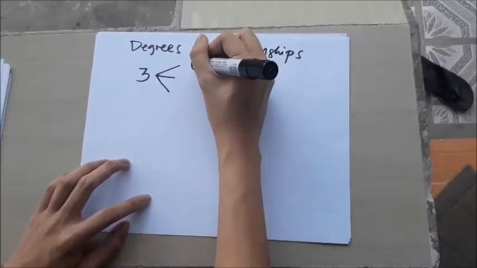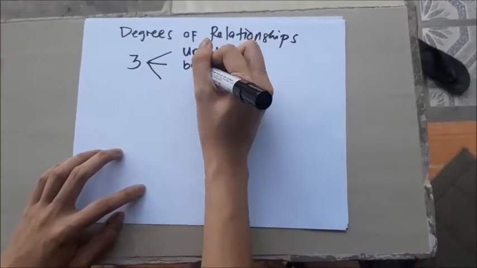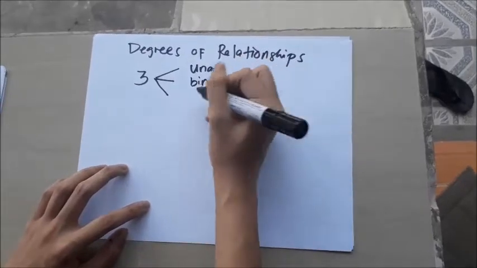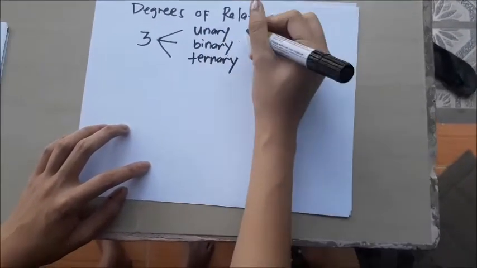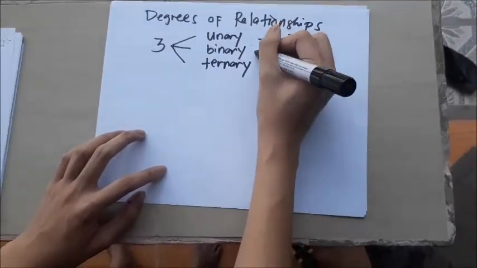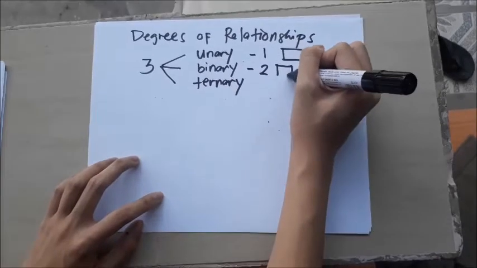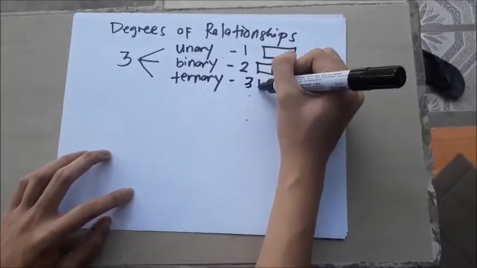So we have three degrees. First is unary, the second one is binary, and the third one is ternary. Unary means having one entity, binary means two entities, because bi, and ternary means having three entities.